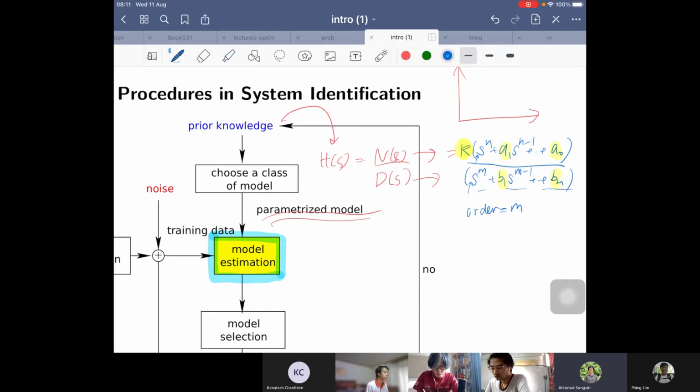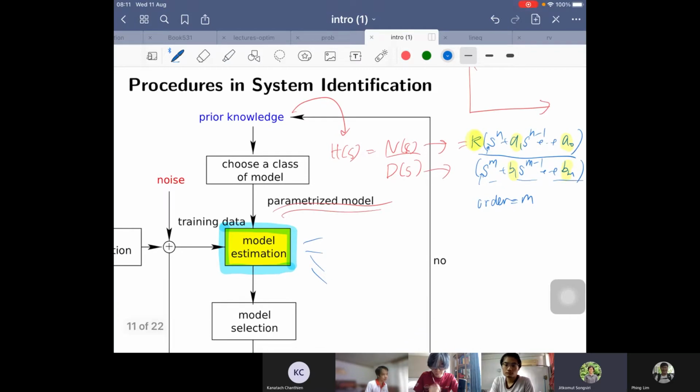That's going to be a topic we learn here. There are going to be many methods. Let me just put a name. It can be the prediction error method, or you can convert into state space and then use subspace identification. There can be many here.